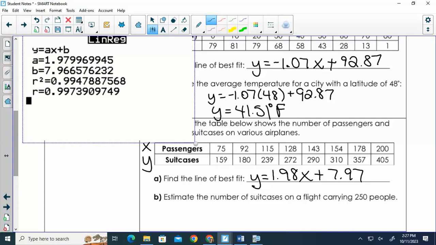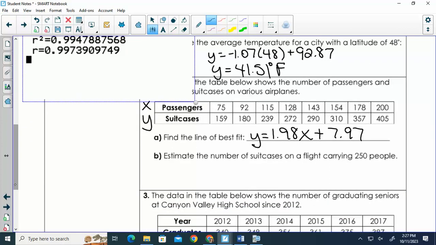Alright, and then part B, estimate the number of suitcases on a flight carrying 250 people. What would I do? Yep. So 250 people, that's my passengers, which was X. So we plug that in.